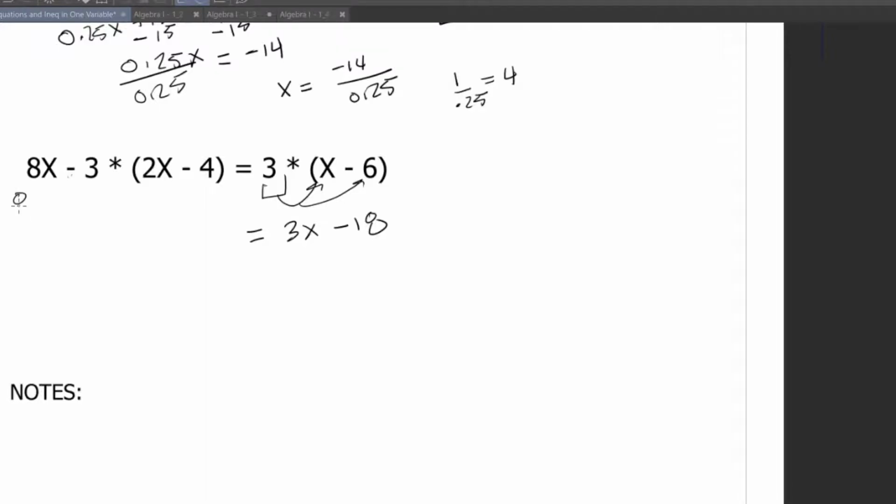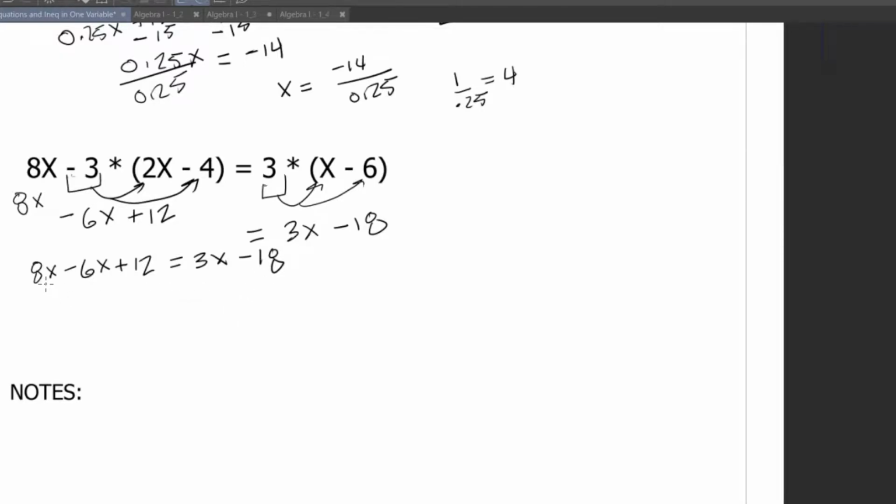So we will have 8x, and then this negative 3 will be multiplied here and also multiplied here. So negative 3 times 2x is negative 6x, right? And then negative 3 times negative 4 equals a positive 12. So the equation we have now is 8x minus 6x plus 12 equals 3x minus 18.